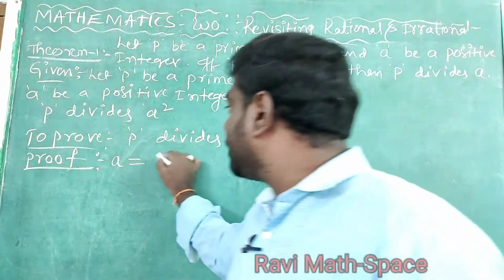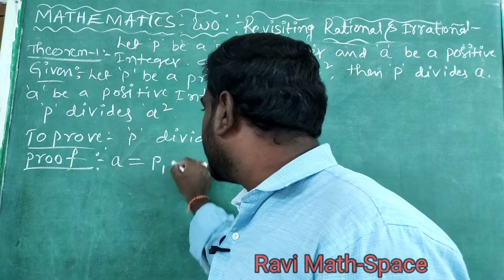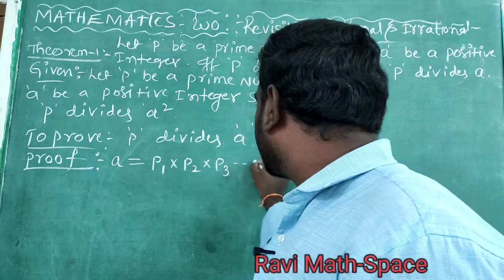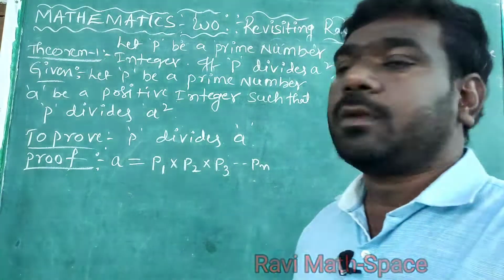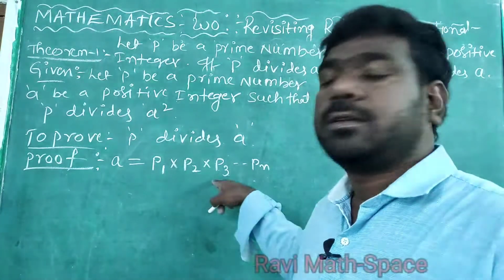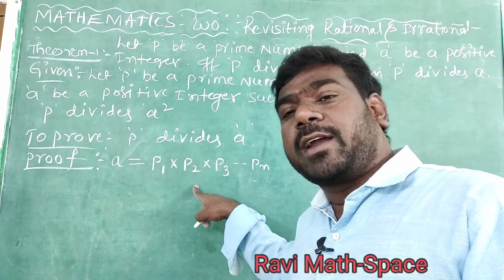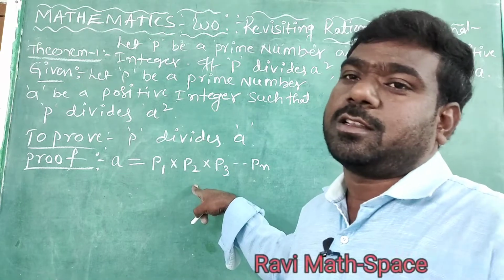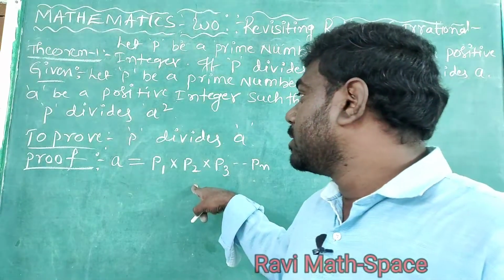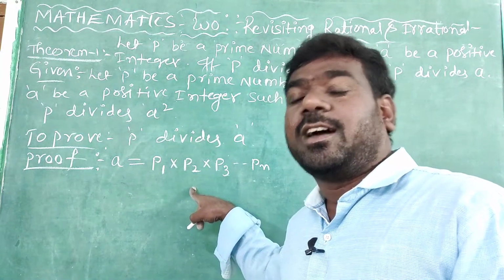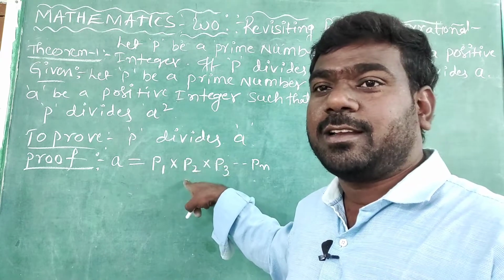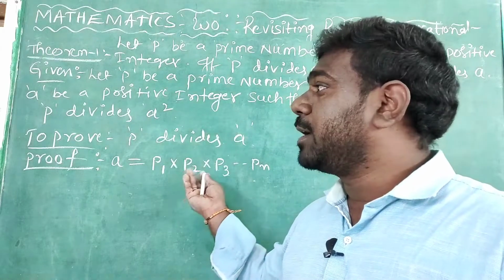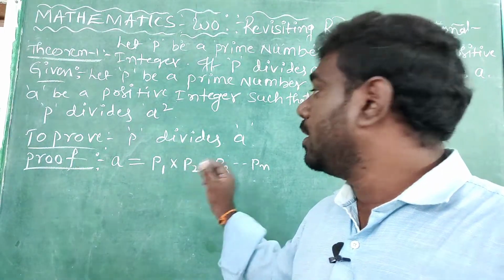What are its prime factors? I can consider P1 into P2 into P3 and so on Pn. Here the prime factors may be the same, or otherwise different, or a combination also will come. Not necessarily distinct factors. Sometimes the same will also come.